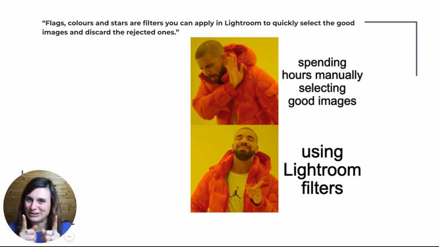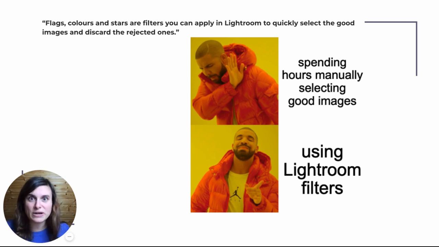So Lightroom is your answer. In Lightroom, you can use flags, colors, and stars as filters, and you can apply these filters to your images so you can quickly select the good ones and reject the bad ones. This will help you speed up your workflow as well as make sure that you have all the good images maybe ranked with the stars.